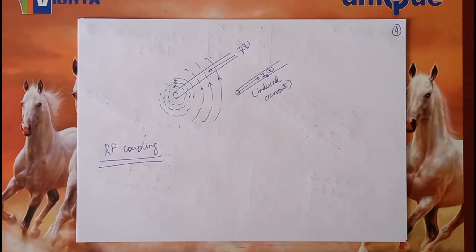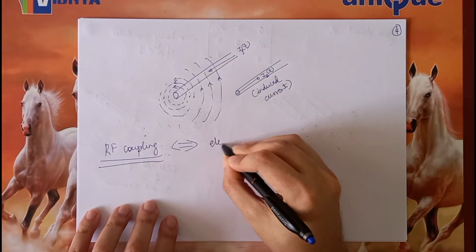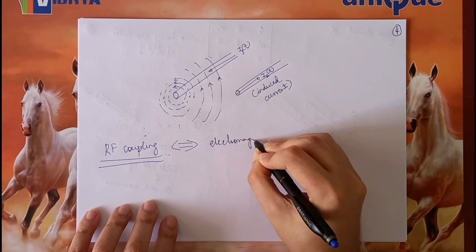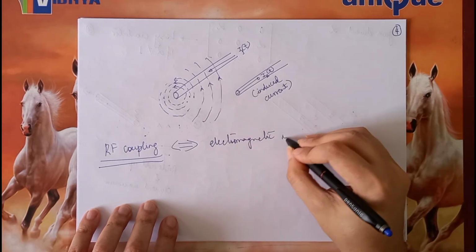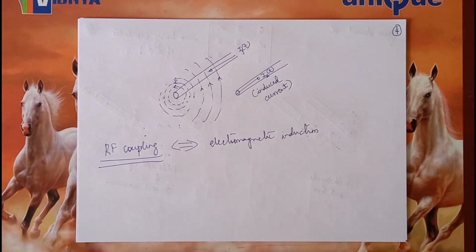Now, what this means is, RF coupling is very similar to electromagnetic induction, which means that if you have a conductor that is carrying some time varying current, then another time varying current can be induced in a conductor which is placed close to that first conductor.